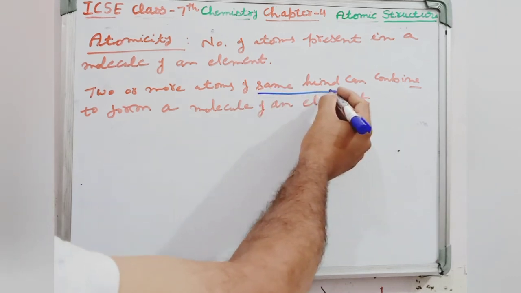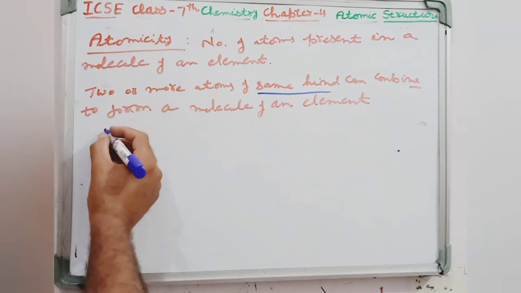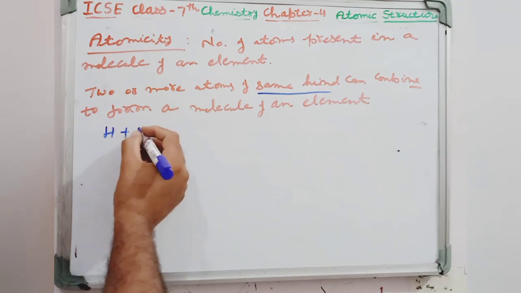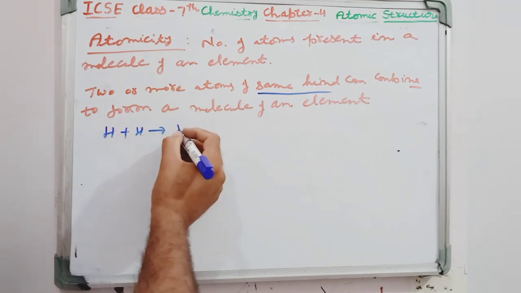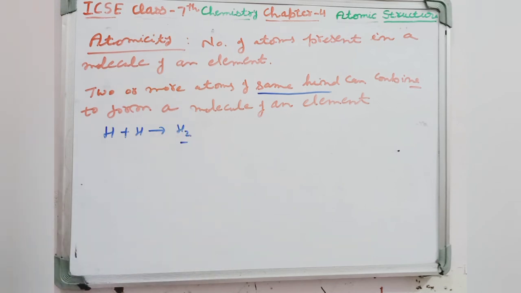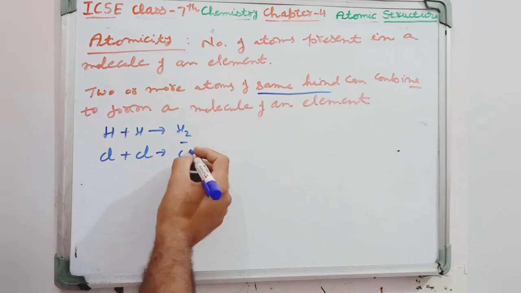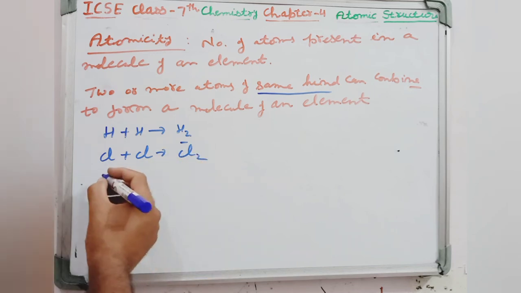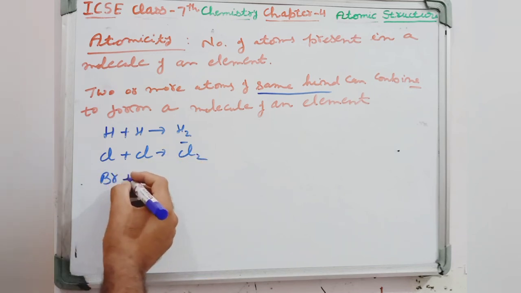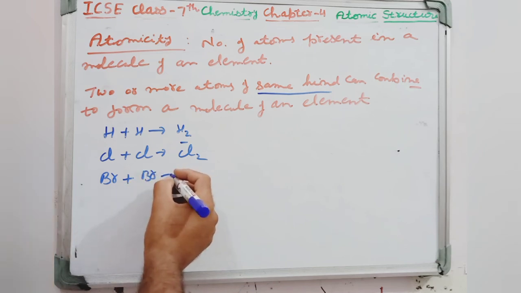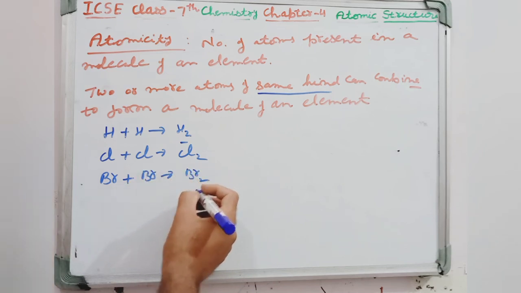Now, here same kind is very important. For example, two atoms of hydrogen combine to form hydrogen gas, H2. Two atoms of chlorine combine to form Cl2, chlorine gas. Two atoms of bromine combine to form Br2, bromine gas.